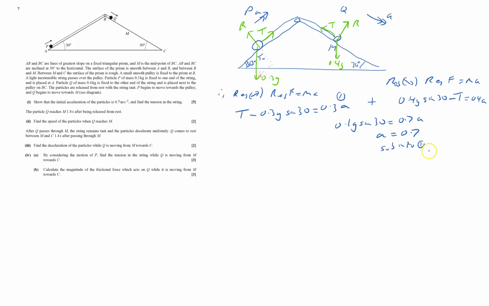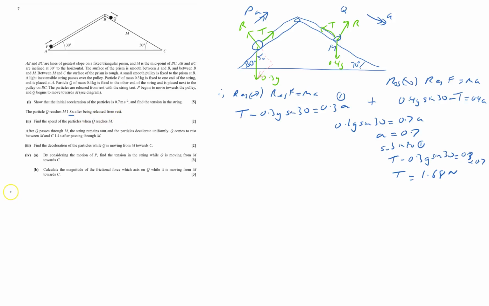If I call that equation 1, that gives me T minus 0.3 g sine 30 equals mass times acceleration, 0.3 times 0.7, and that gives me T equals 1.68 newtons. That's the first part.